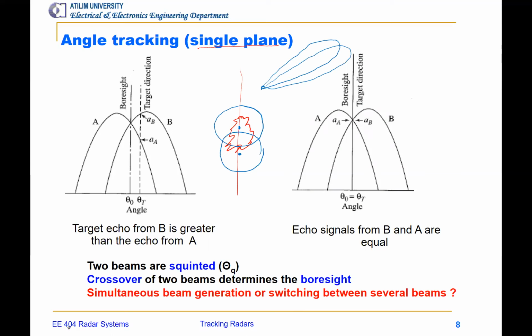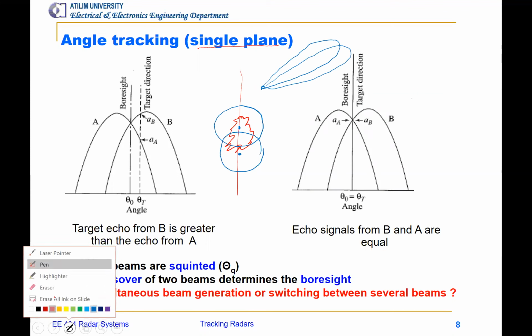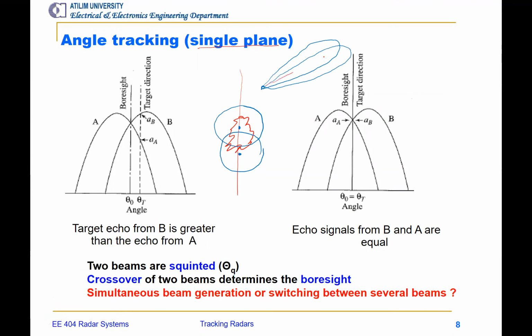If we look at the center of these beams, we can take a reference center, which is the bore side of the antenna. We can show these beams on this UC plane.